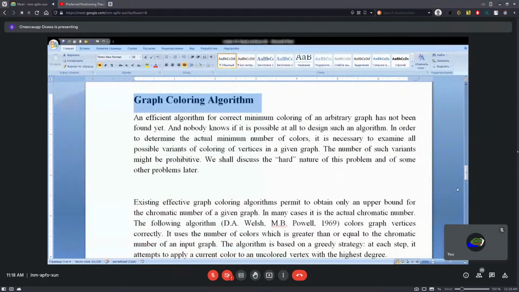Just 10 problems. You can get up to 10 points. And at the exam, you'll get up to 30 points. And in total, the number of points that I'll give to you will be equal to 40.